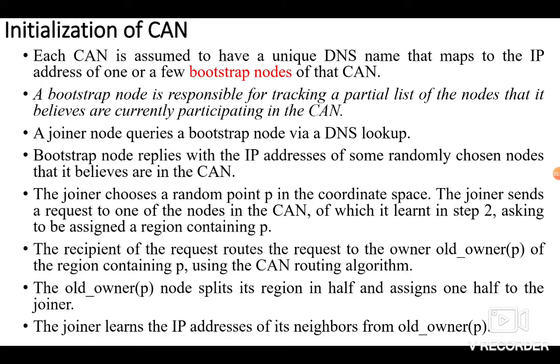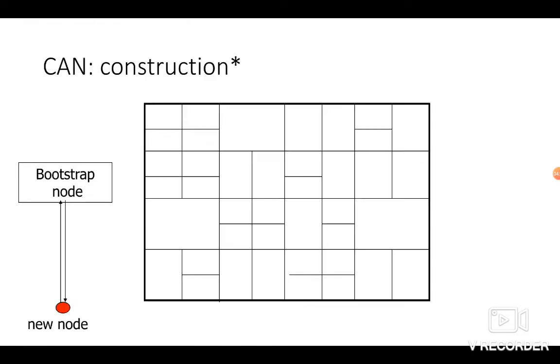The recipient of the request routes it to the owner of the region which contains the point P, using the CAN routing algorithm. The old owner splits its region into two halves: one for itself and the other given to the new joiner. The joiner learns the IP addresses of all its neighbors from the old owner.